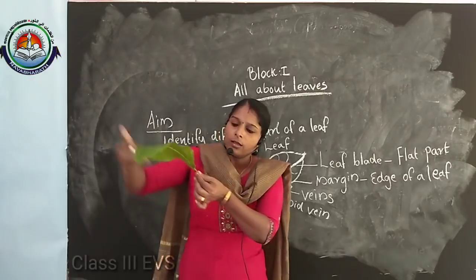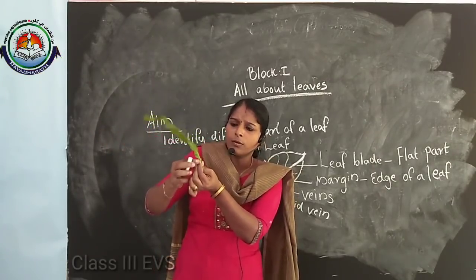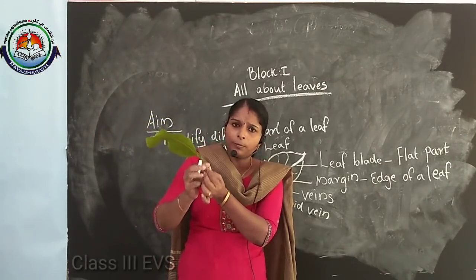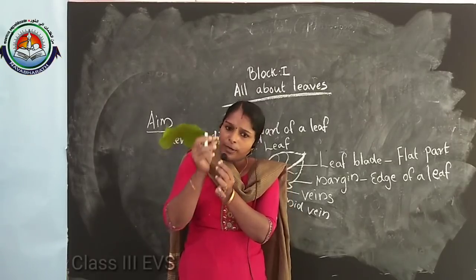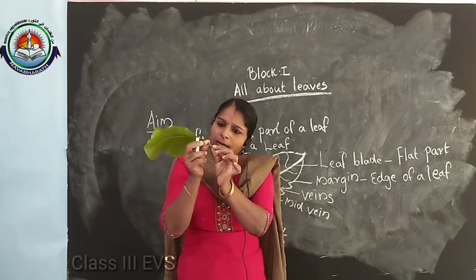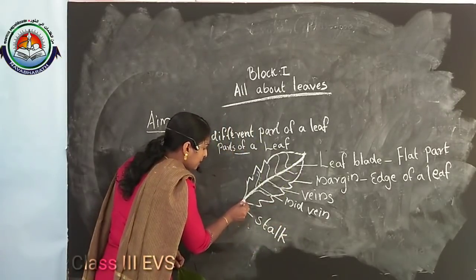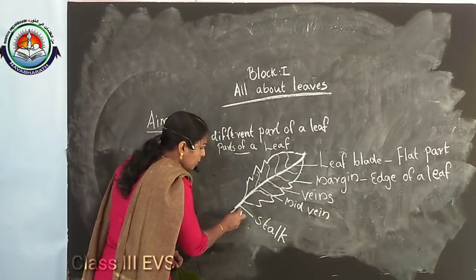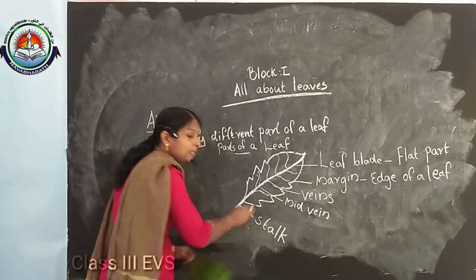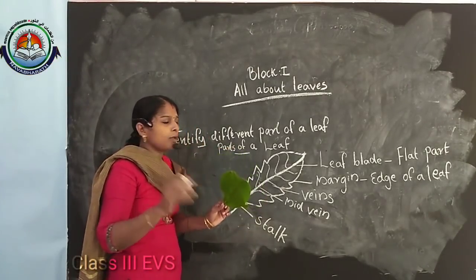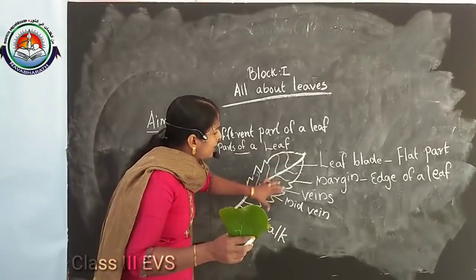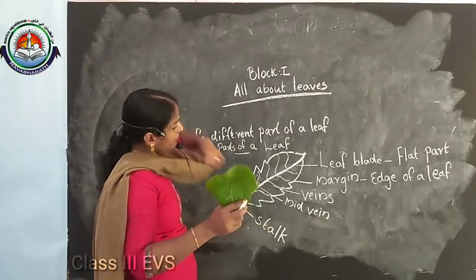When we observe a plant, we can see leaves on the stem. This small part we can see is the stalk. This part connects leaves to a stem. So these are the different parts of a leaf.